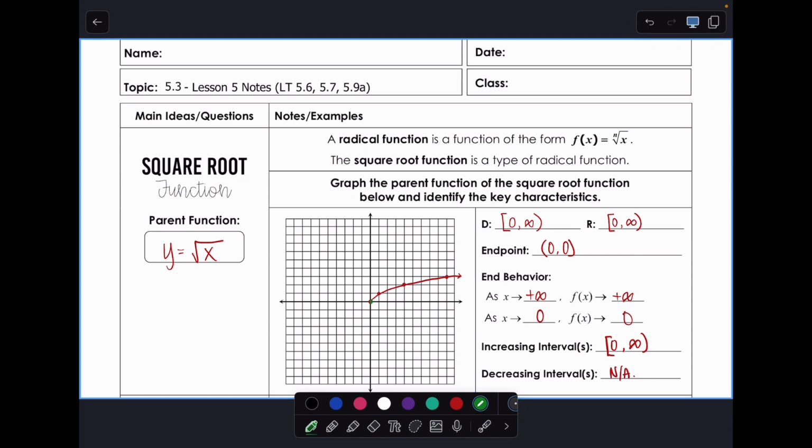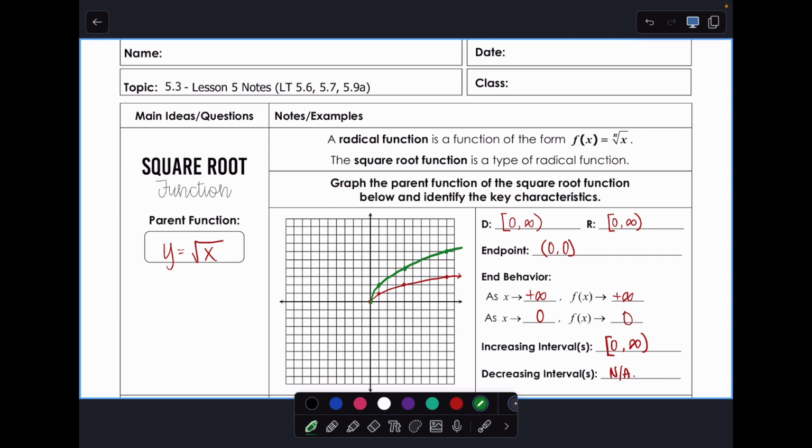So instead of at 1, 1, it'd be at 1, 2. And then at 4, square root of 4 is 2. 2 times 2 is 4, so it would be that much higher. And then square root of 9 is 3. 3 times 2 is 6. So instead of at 3, I'm at 6.